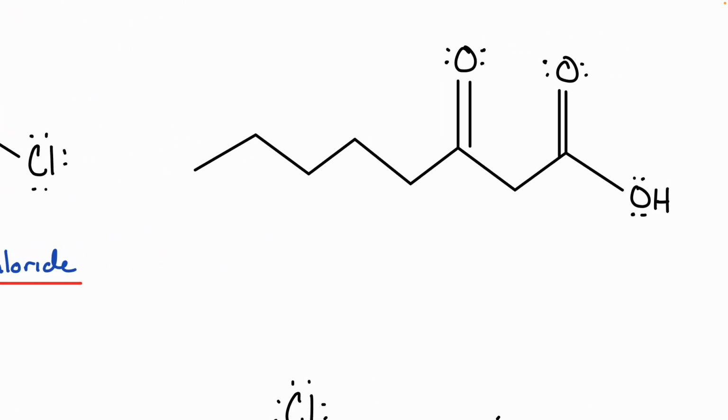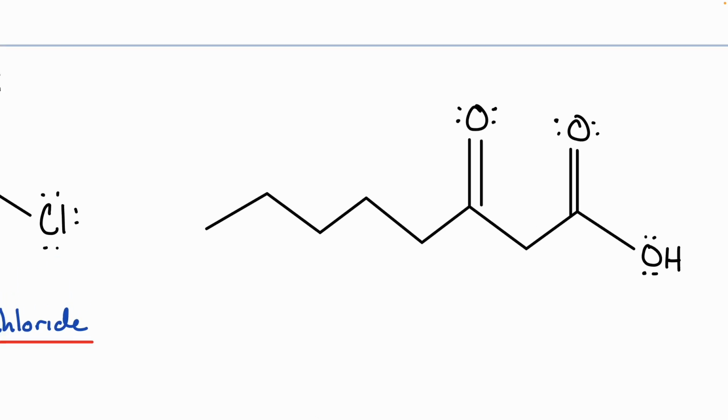All right, now we have a mixture of 2 functional groups here. This is a ketone, and this one is a carboxylic acid. So which one's going to win in terms of priority? Carboxylic acid, right? All those carboxylic acid derivatives are greater than everything else. So here's our parent chain, our 8 carbons.